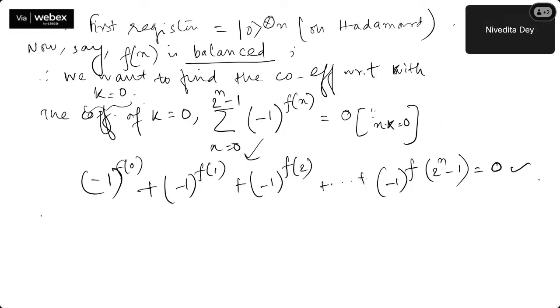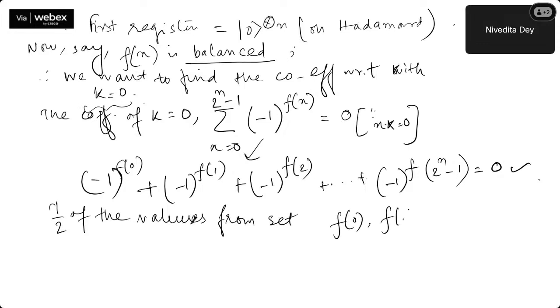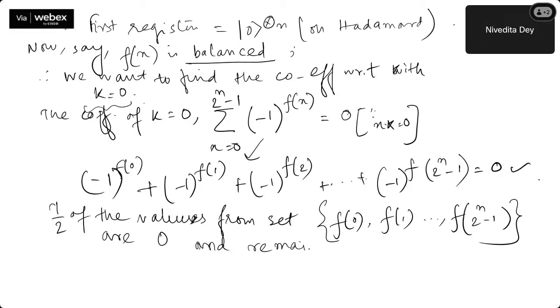And why are we getting it? Because, say, in the set f0 to f of 2 to the power n minus 1, half of the values are 0 and the remaining half, which I do not know, are 1.